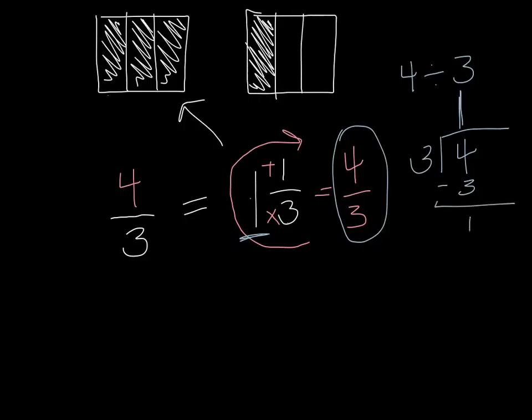When I subtract, I have one item left over. So 1, my remainder, becomes my numerator. The denominator is what the outside number was, which is 3, because I'm still dealing with thirds. So using division, I know that 4 thirds is equal to 1 1/3.